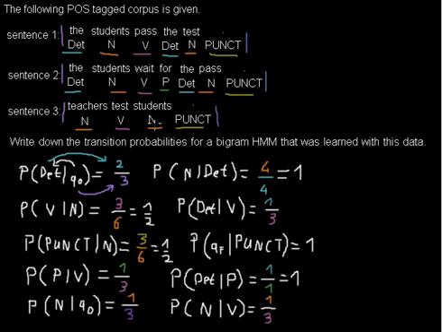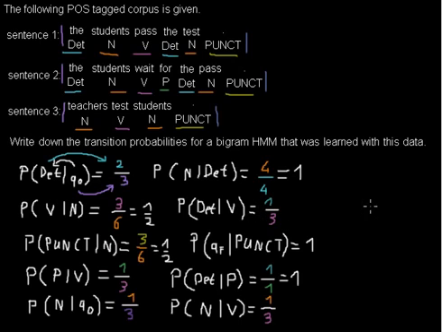And then we have the noun followed by a punct, followed by a sentence end, which we already calculated. So as you can see, the probabilities from the same state, for example verbs, have to add up to 1. So we have here a verb with 1/3, and here a verb with 1/3, and here a verb with 1/3, and they add up to 1.